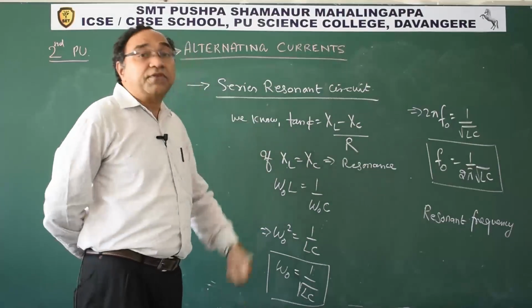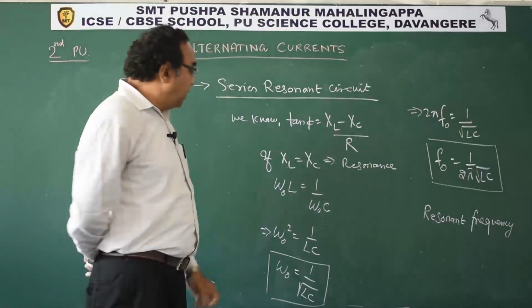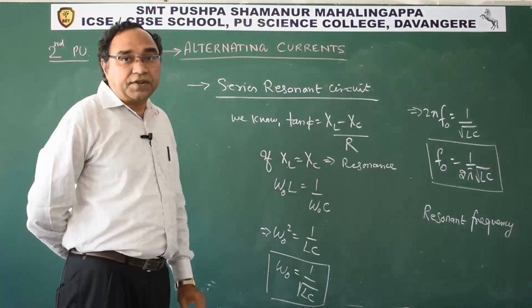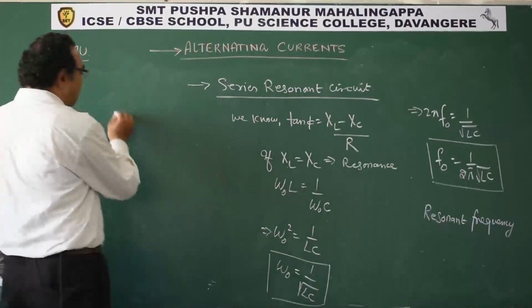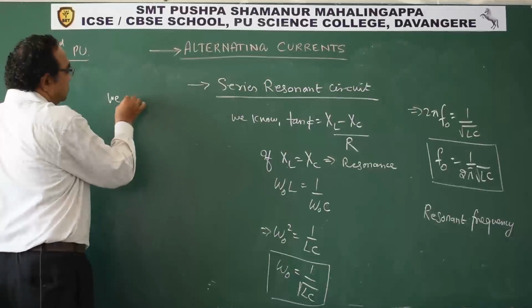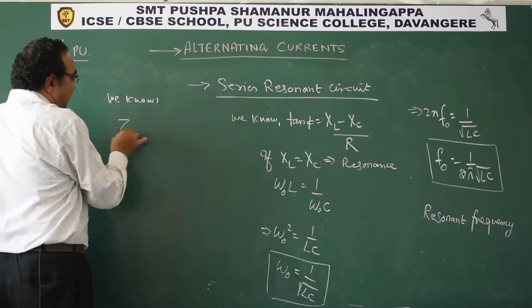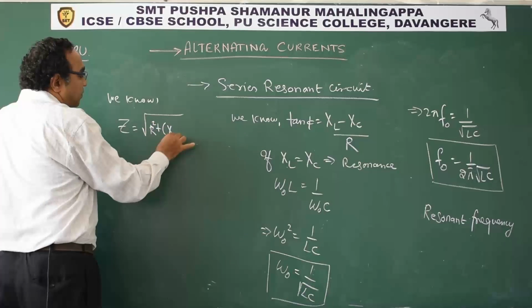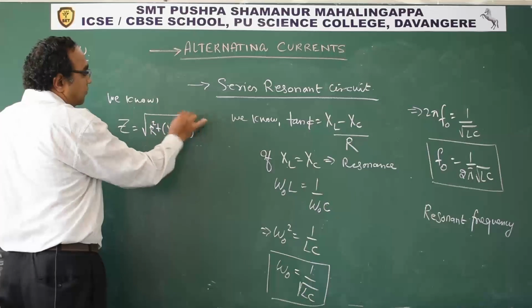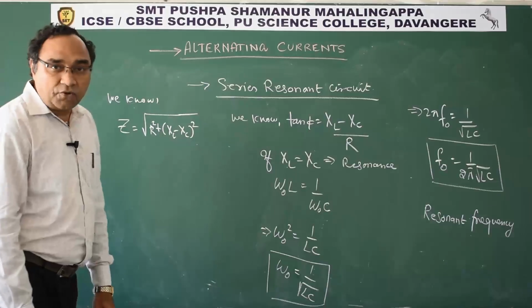Now when resonance is there, see, we got XL is equal to XC, na? See the features that we get. We also know Z is equal to root of R square plus XL minus XC the whole square. This is known to us.